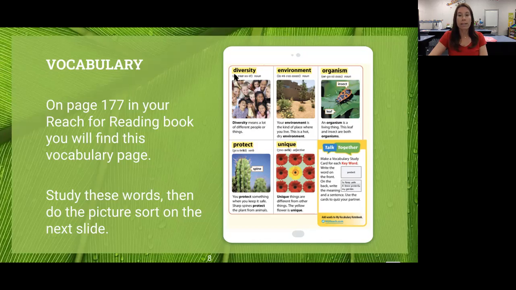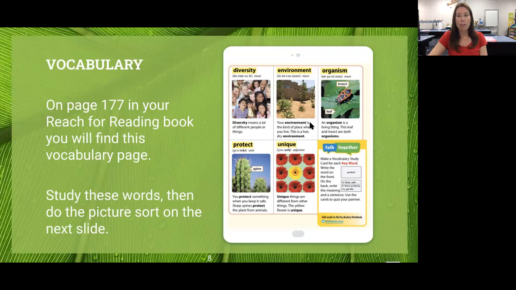Says diversity. Diversity is a noun. Diversity means a lot of different people or things. So there's a lot of different things, okay? A lot of different ones. So if we notice the picture here, all these people are different. That's called diversity.